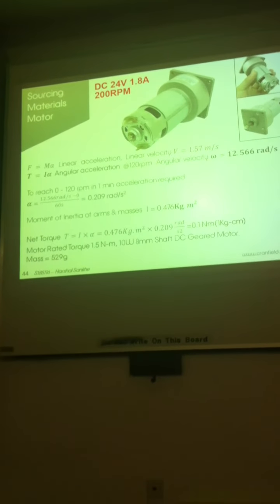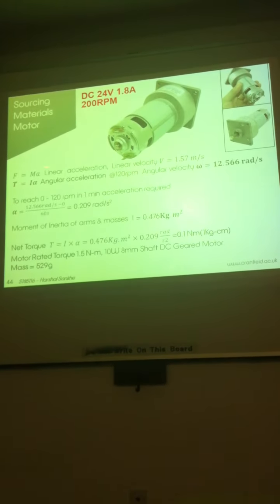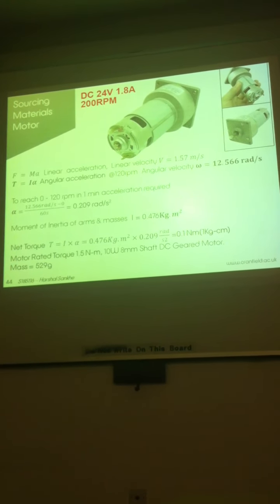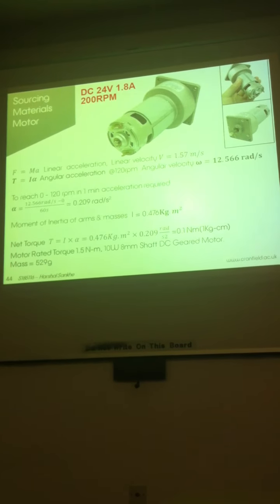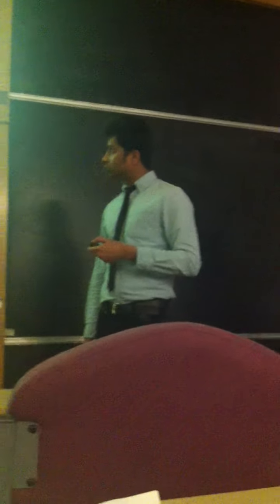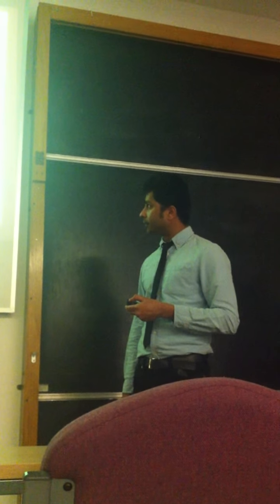The calculation to size the motor starts from F equals ma, which is used for linear acceleration. For angular acceleration, the formula is torque equals moment of inertia times angular acceleration.